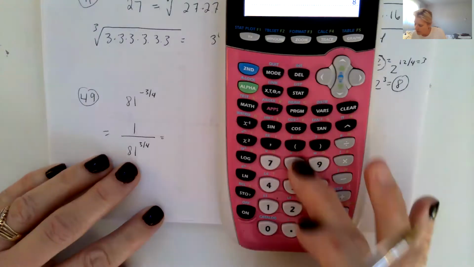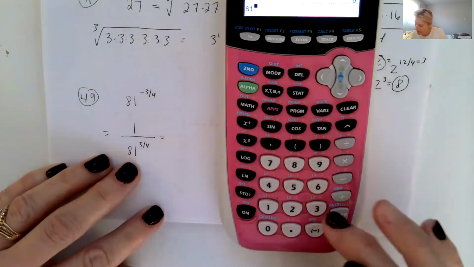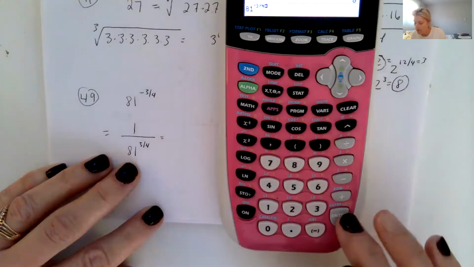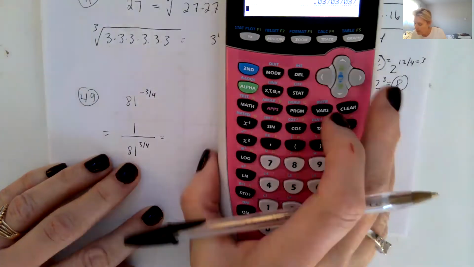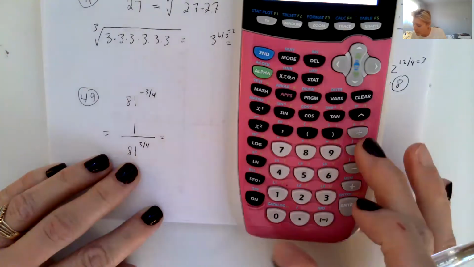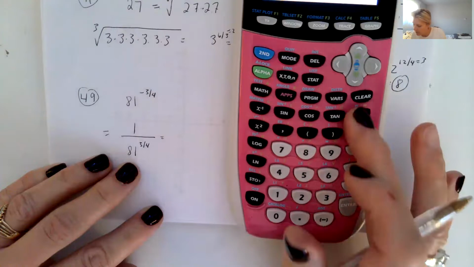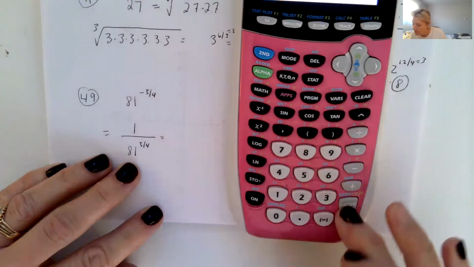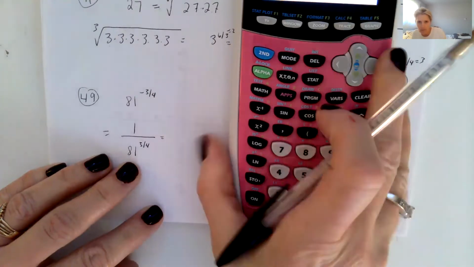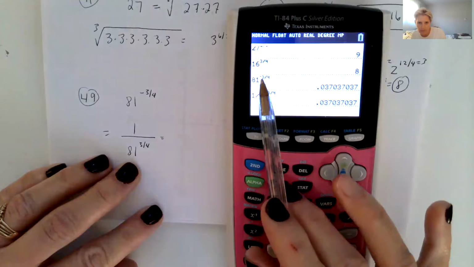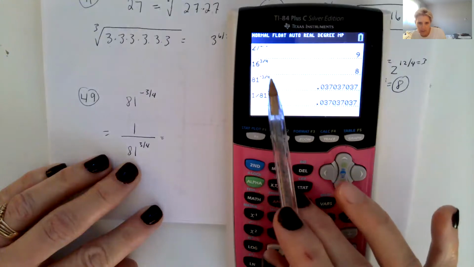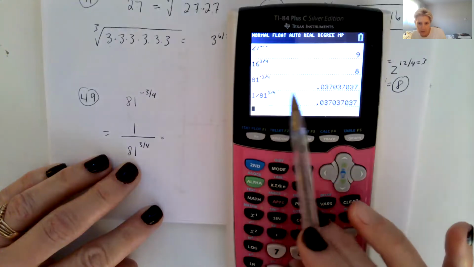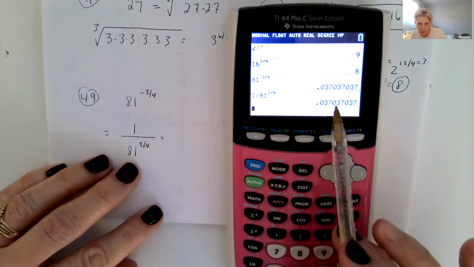We could even put 81 to the negative 3/4 if we wanted to. But you could always do 1 over 81 to the positive 3/4, and you'd get the same number. 81 to the negative 3/4 or 1 over 81 to the positive 3/4 gives you 0.037.